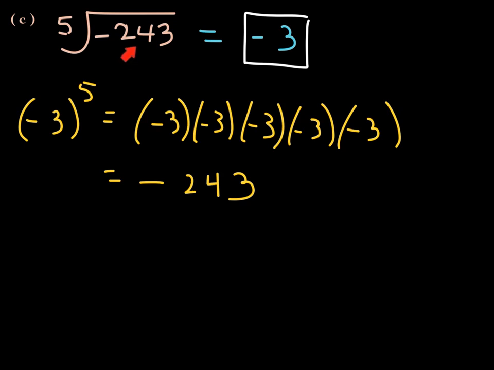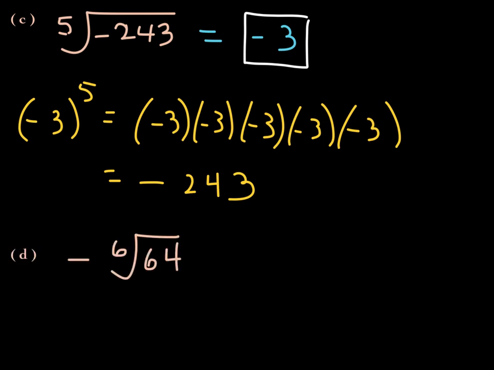So as soon as I saw 243, my mind told me, oh, that's a perfect fifth, because I've taken the time to review a few of my perfect fifths. So again, I want to stress the importance of reviewing your perfect squares, perfect cubes, perfect fourths, perfect fifths, okay?